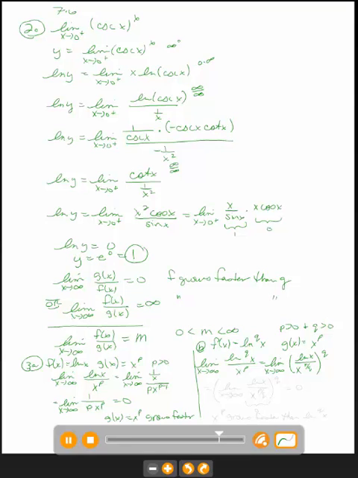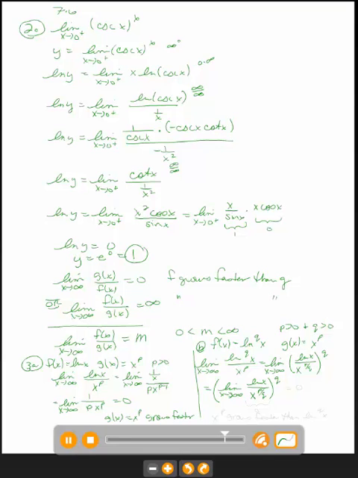However, we already know this little piece. Let me rewrite it again. We could take the limit as x approaches infinity of the natural log of x over x to the p over q and raise the whole thing to the q. That won't change it any.